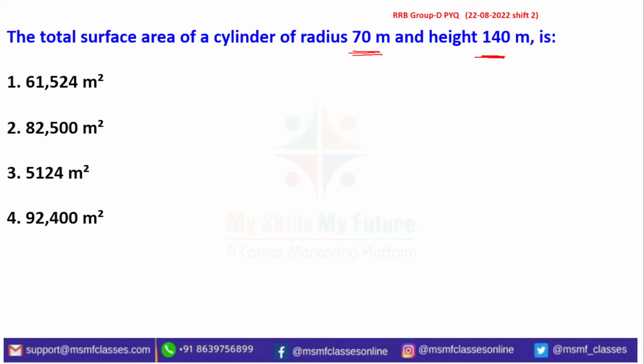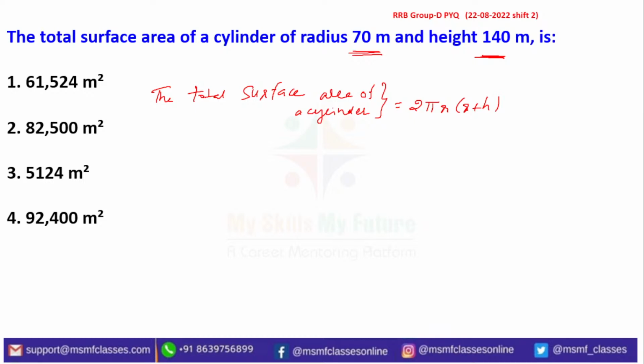We know the formula for the total surface area of a cylinder, that is 2 pi r into r plus h.